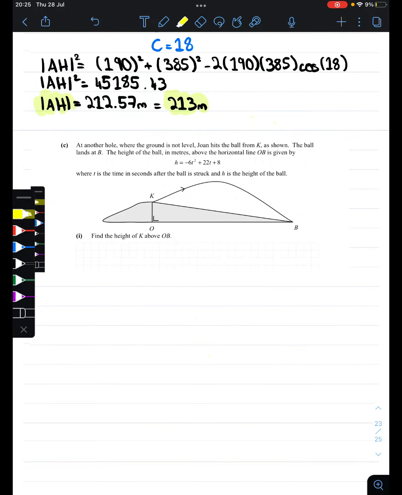On to part C. At another hole where the ground is not level, Joan hits the ball from K as shown.